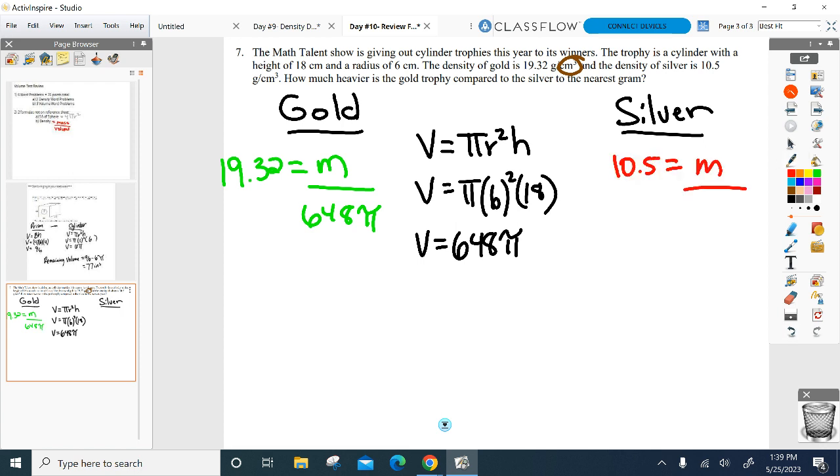What's the mass with the same volume? 648 pi. Again, I still do not want to round it all because I'm going to have to subtract these 2 masses. A lot of grams here, huh? A lot of grams.